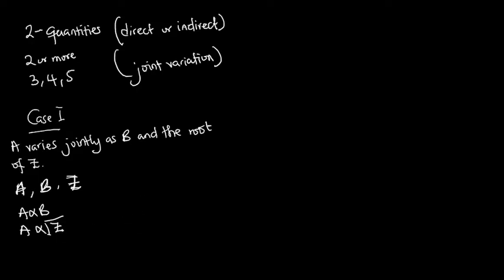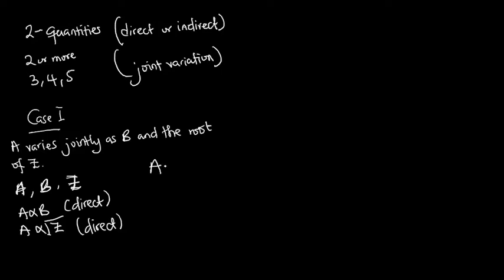Now because this is a joint variation, we combine these two variations to form one variation. That becomes our joint variation. So we have a direct variation over here, and another direct variation over here. We combine them all together and it becomes a joint variation involving three quantities.